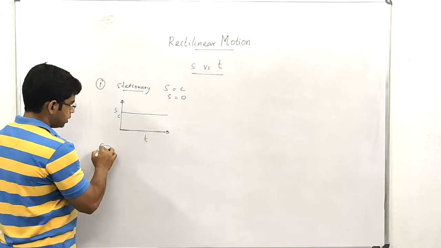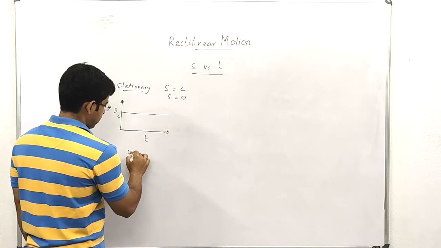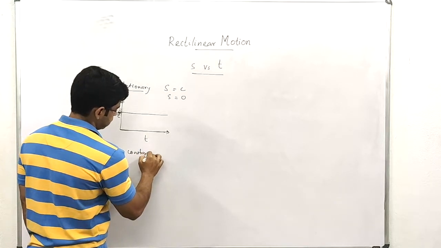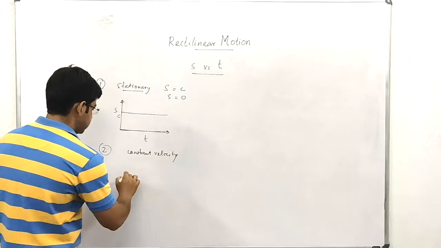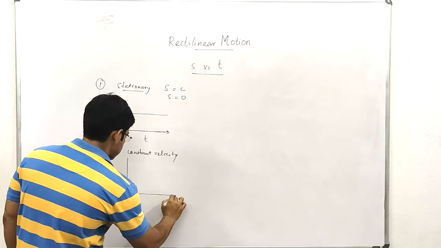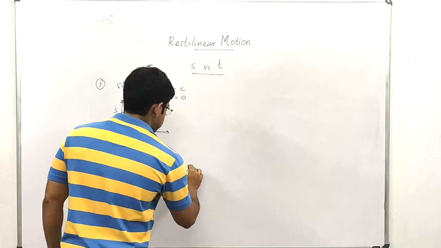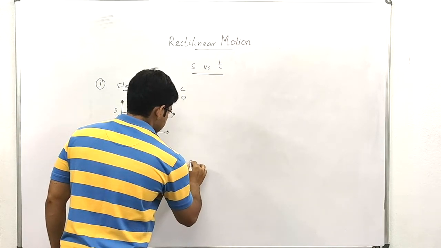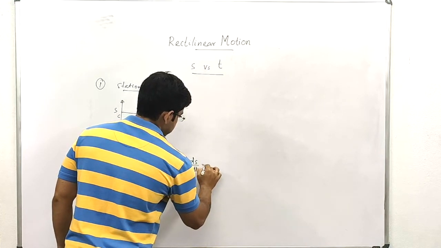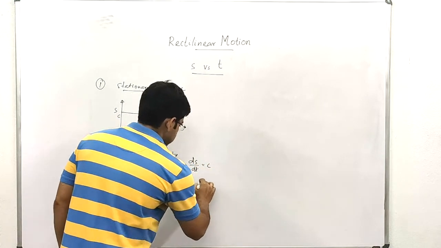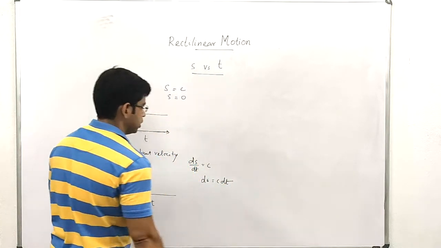The second case, if the particle moves with constant velocity, in that case constant velocity means ds by dt equals constant, or ds equals c dt.